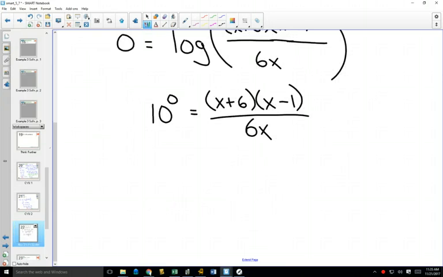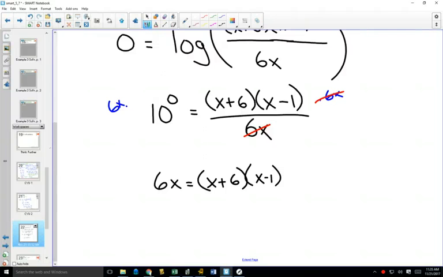What is 10 to the 0? 1. So if I multiply both sides by 6x to get rid of the fraction, 6x times 1 will be 6x, and on this side those 6x's would simplify. What kind of equation is this? It's going to be a quadratic, so you would have to move everything over to one side.